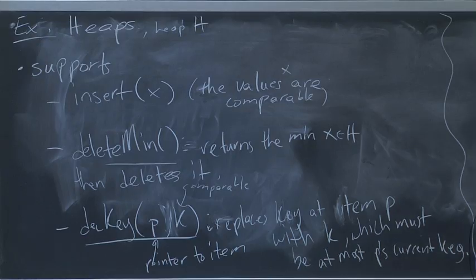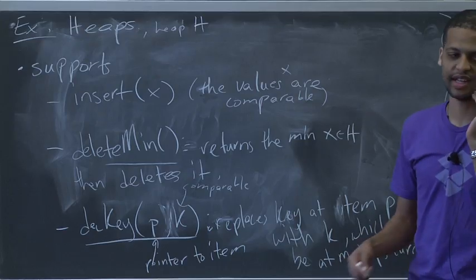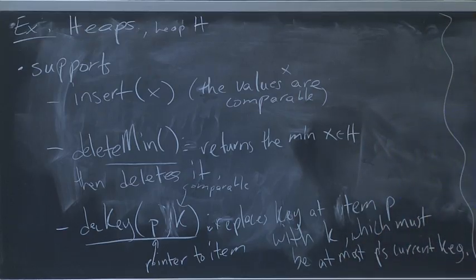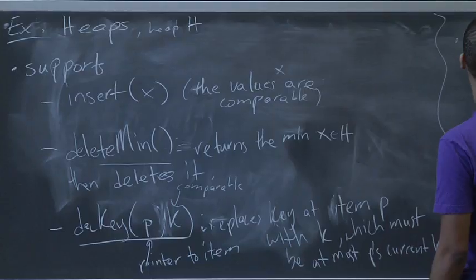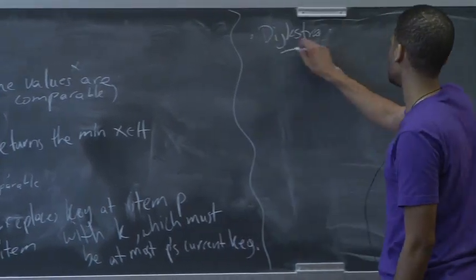And then in a loop, we keep doing delete mins, and the relax step is a decrease key, basically. So you can go revise your memory if you forgot, but this is exactly what Dijkstra needs. So Dijkstra, single pair shortest paths with non-negative edge weights.